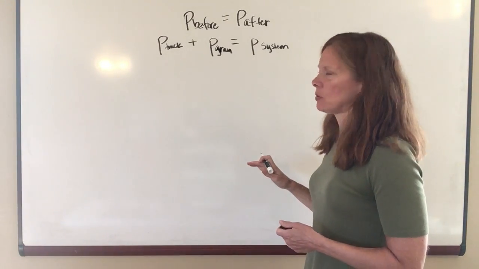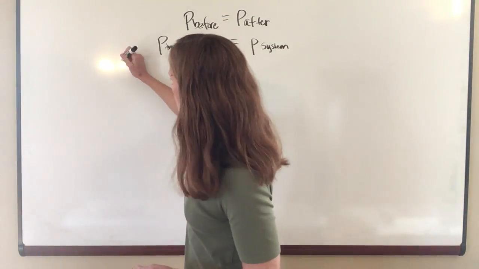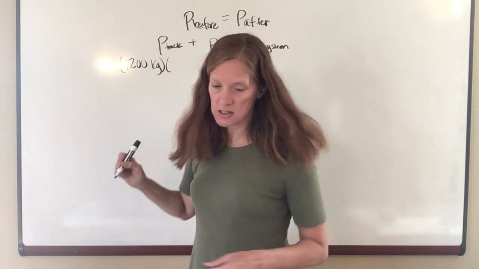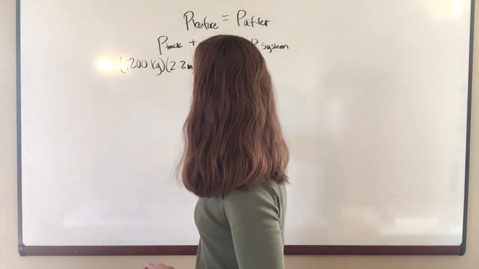Okay, so the momentum of the truck before: the truck's mass is 1,200 kilograms, and it is moving with a velocity of 2.2 meters per second.